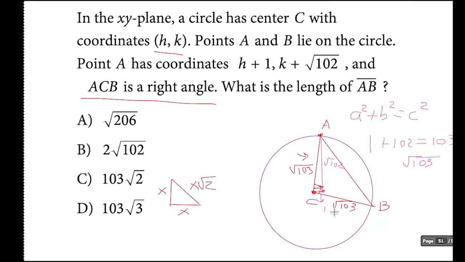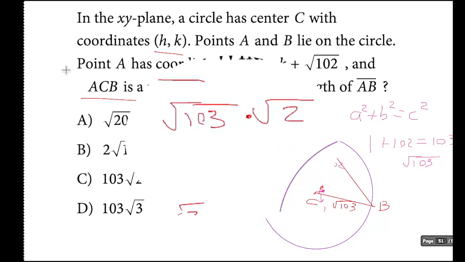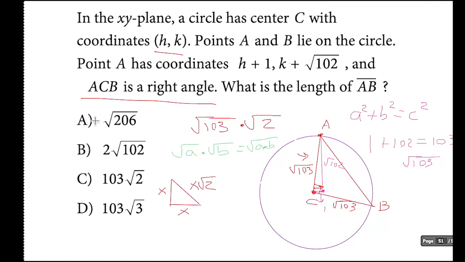So basically, what is the square root of 103 times the square root of 2? And the cool thing is, there's this really cool trick where the square root of A times the square root of B is the same as the square root of A times B. That is to say, we just have to multiply 103 times 2, and that would be 206.